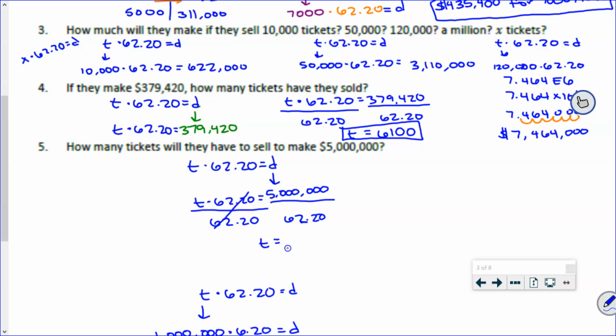We shouldn't rely on someone else to do the calculation for us. 5 million divided by 6220. We did get a decimal, didn't we? I don't understand why.